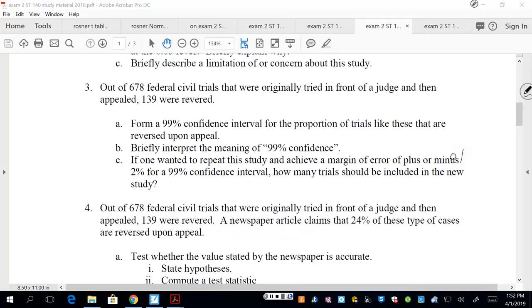So N is there, and our count X is there. So our P hat is going to be 139 over 678, which I think is 0.205, if I remember correctly. So that one is of that type, either a confidence interval or hypothesis test based on one proportion.